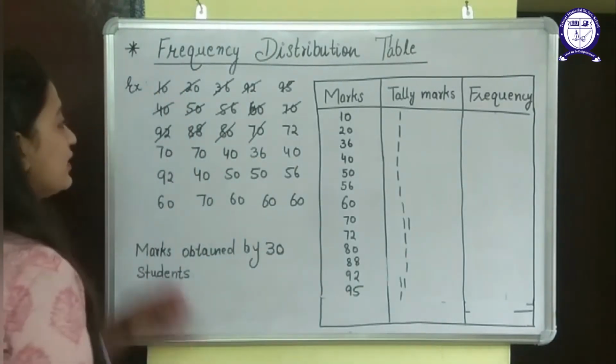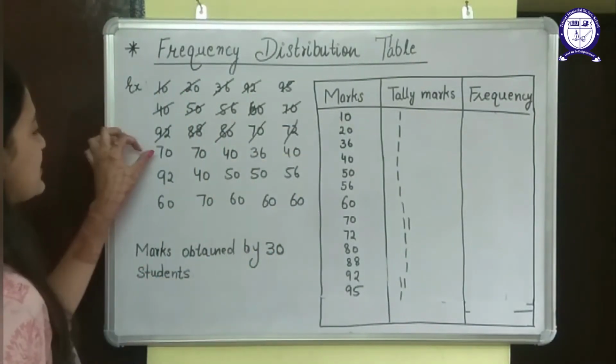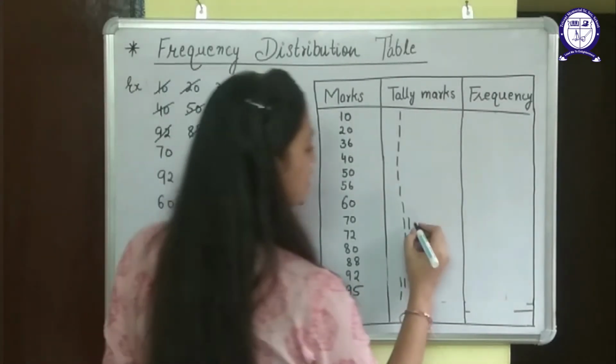Then 72 I will cross here. 70 and 70, two more times 70.